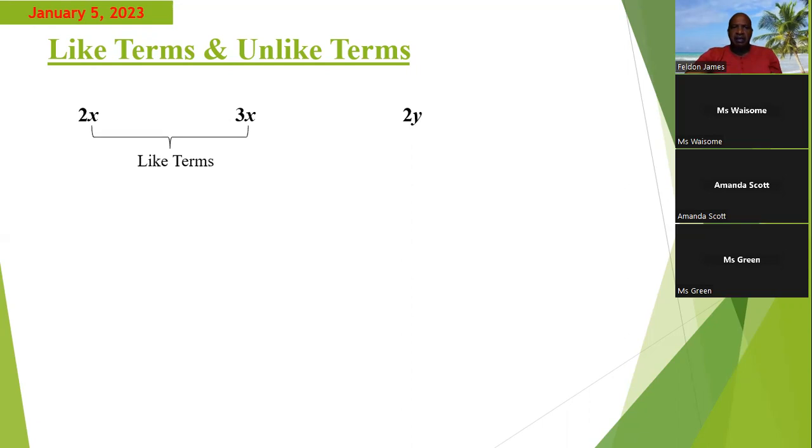So here, these are like terms. Here, these are unlike terms. All right. Now, these are terms that have different letters or different variables. So the unlike terms have different variables and the like terms have the same variables.